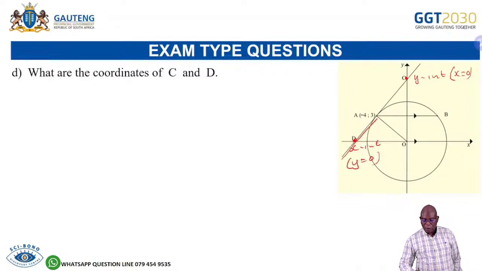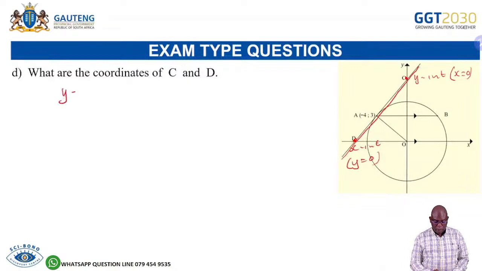Which equation do I use here? I use the equation of a straight line, which is a tangent, which I got in the previous question. So my equation here is y equals 4 over 3 x plus 25 over 3.